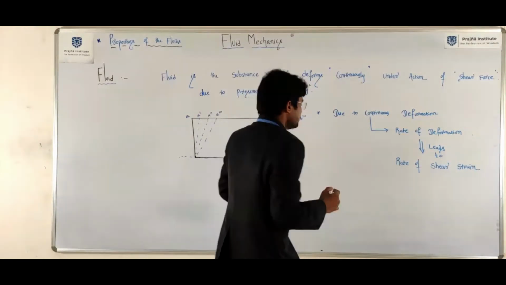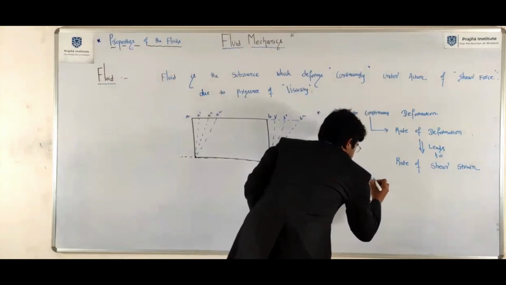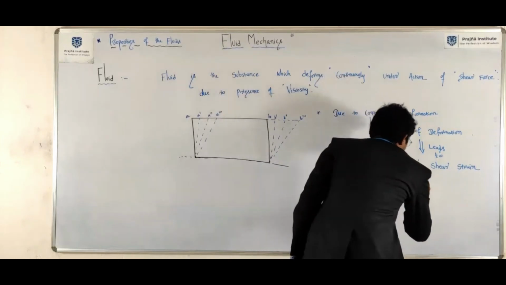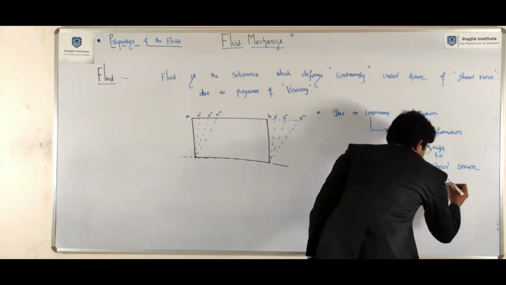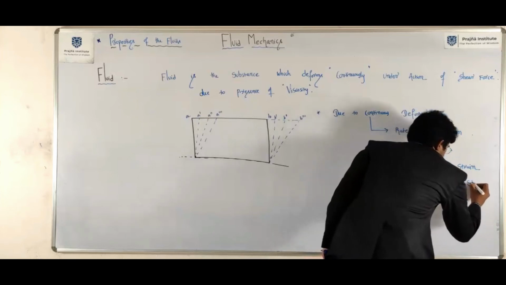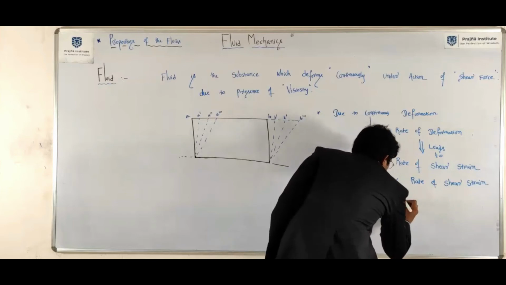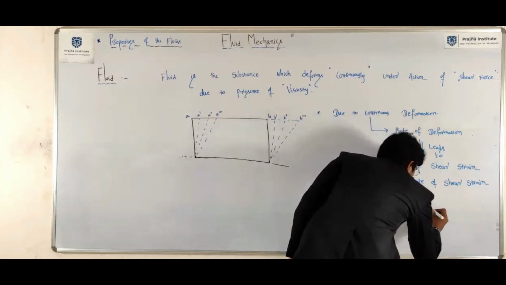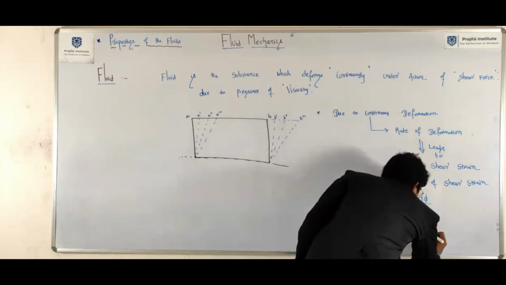That is why shear stress is directly proportional to rate of shear strain. That is, tau is directly proportional to d phi by dt, which is directly proportional to velocity gradient.